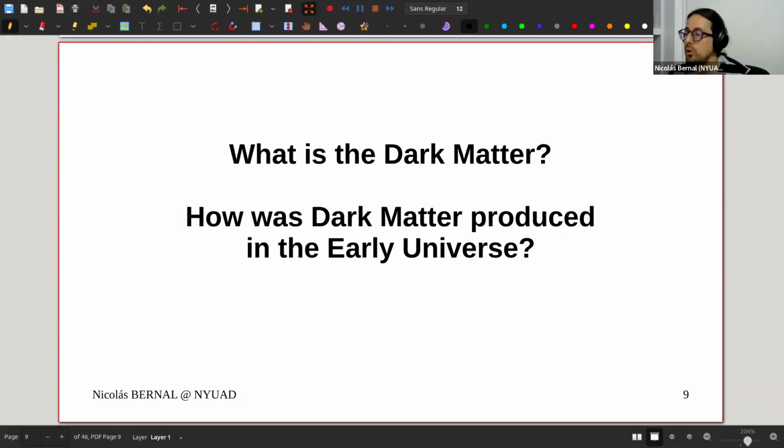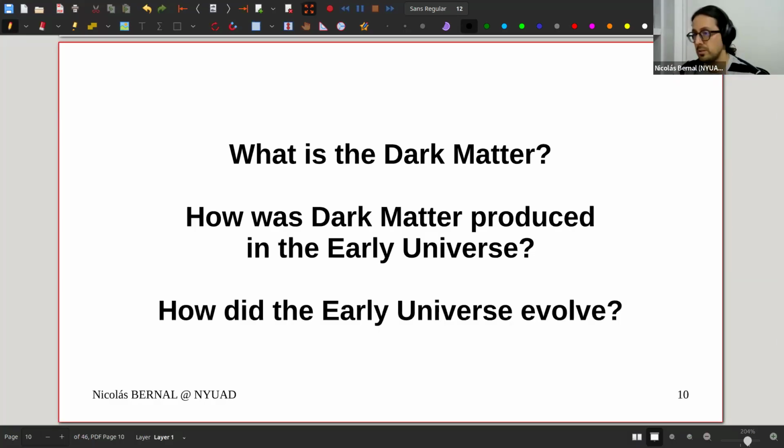But here, just to emphasize one thing, we want to understand how dark matter was produced in the early universe. And if I talk about the early universe, I want to have control of the early universe. How was the evolution of the universe in the earliest stages? So another question I will try to tackle is how did the early universe evolve, right?